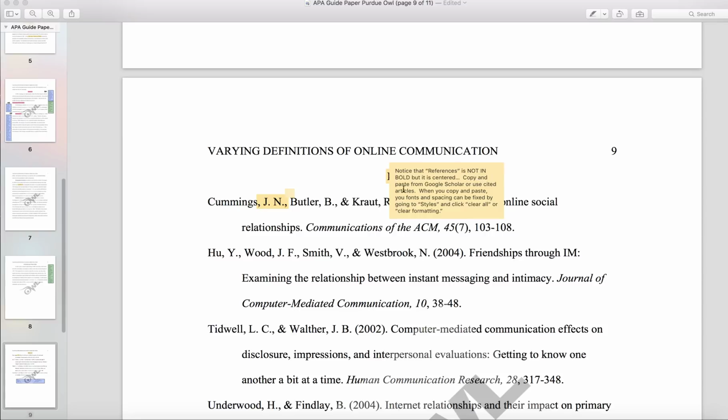Okay, so I'd say you want to copy and paste, or use cited articles to get the correct APA format. You'll have a hodgepodge of stuff as you do it, and this needs to be alphabetical as well.